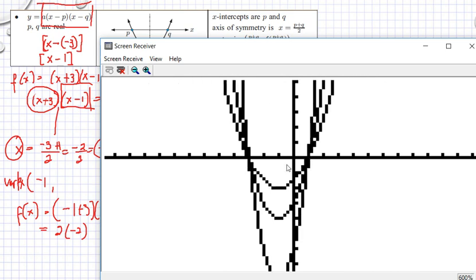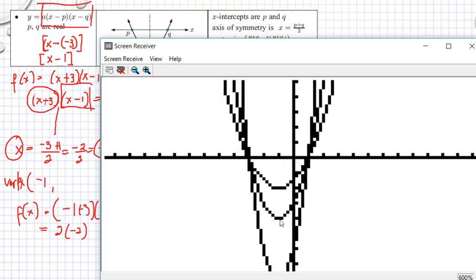See, it opens wider when I put a smaller number there, because your a becomes smaller, and then it opens wider. I can do that also, but it's still the same.